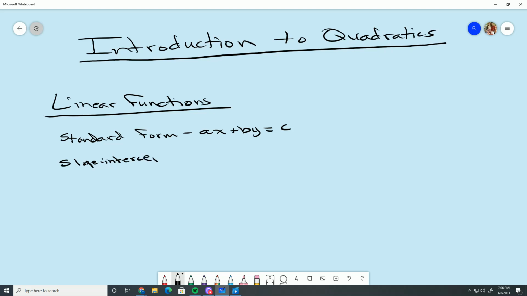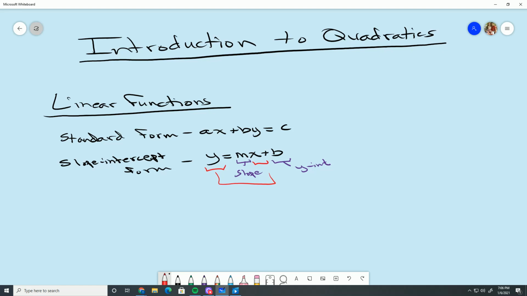Generally, if I ask in class what slope-intercept form is, people sometimes forget, but then whenever we start writing it out, they remember, oh yeah, it's just y equals mx plus b. If you remember, m here is your slope, b is your y-intercept, and the x and y that you see here represent different points that are going to be in that equation.